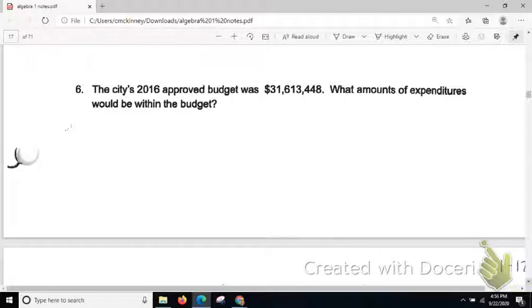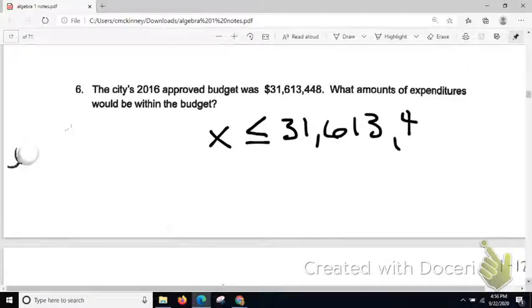If they spent $31,613,447, yep. If they spent $30 million, yep. I don't want to list all those. I'd be here all night. So I would say x is less than or equal to this amount. If it's a budget, you want to stay under or equal to that amount.